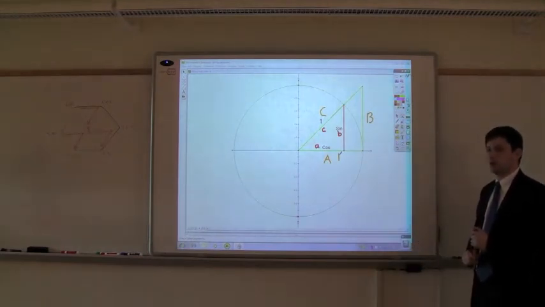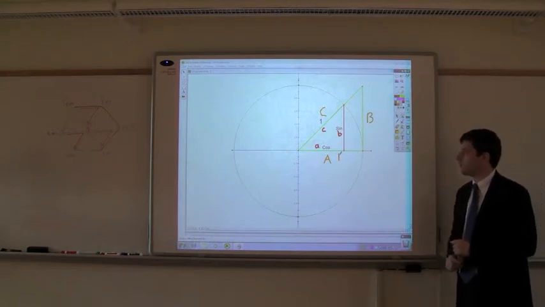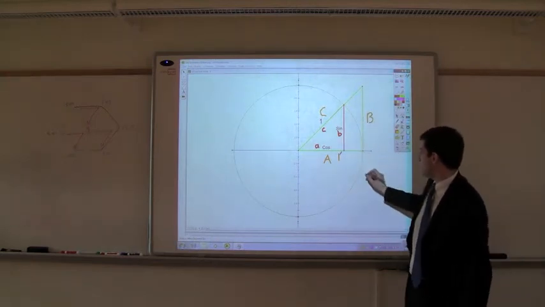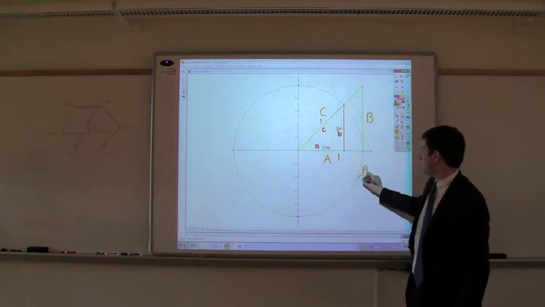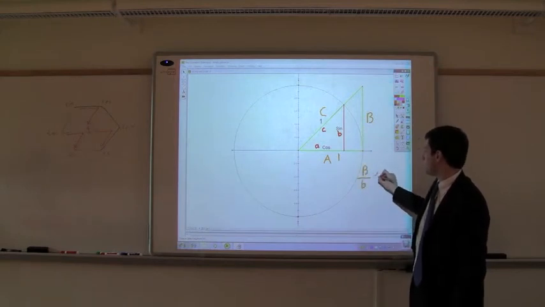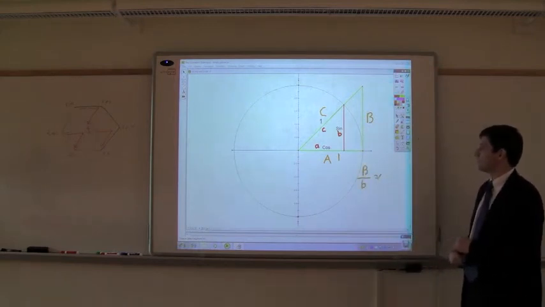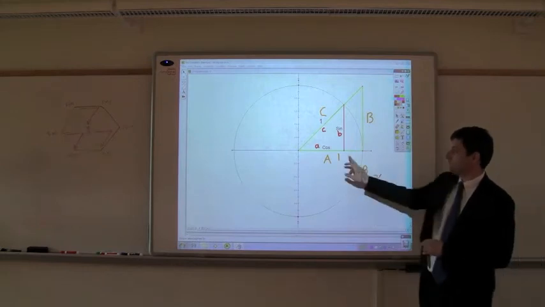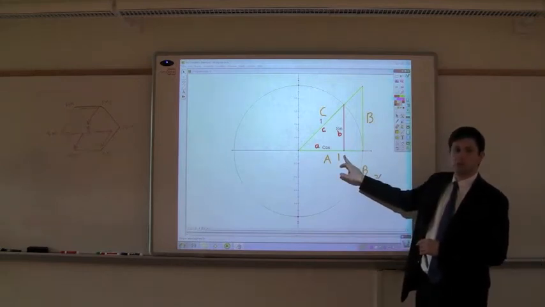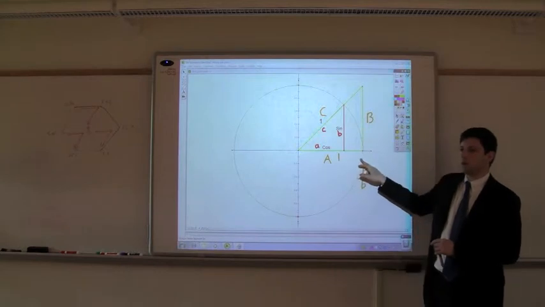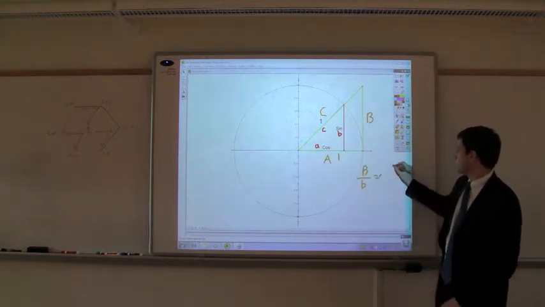So, what can we do to find B? Set up a proportion. How about big B to little b equals what? How about big A to little a?